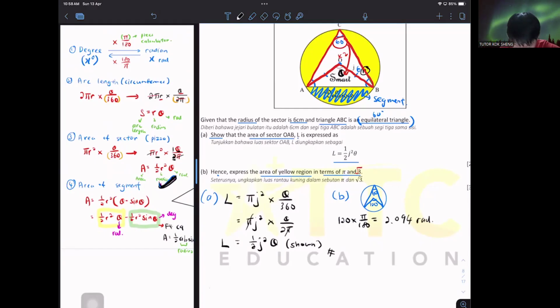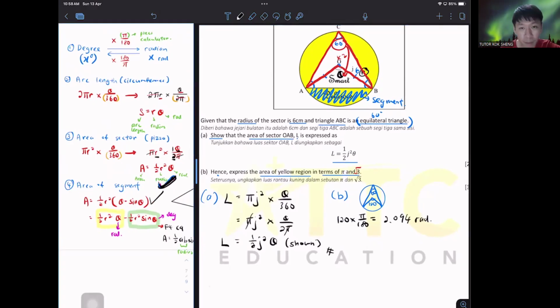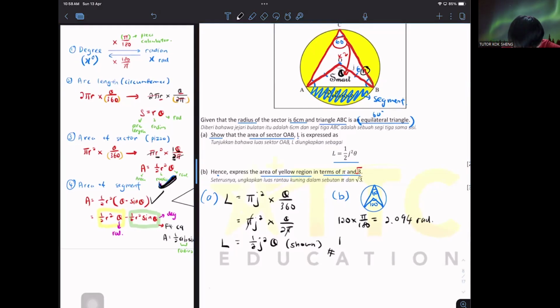Okay, so got everything now. Just substitute into the formula. Segment here. Remember the times 3, got 3 yellow regions. 1 over 2 r square, theta radian minus sine theta degree, and then times 3.